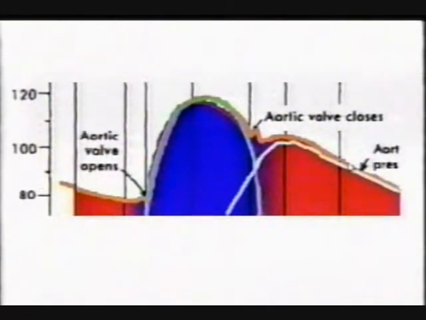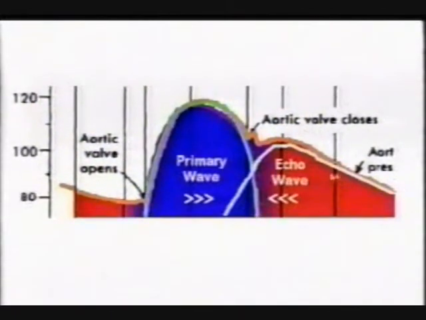This is because the arterial pulse wave is the sum of two different pulse waves: a primary forward-moving wave created by the action of the left ventricle and a secondary backward-moving echo wave created by the reflection of the primary wave from peripheral resistance sites.